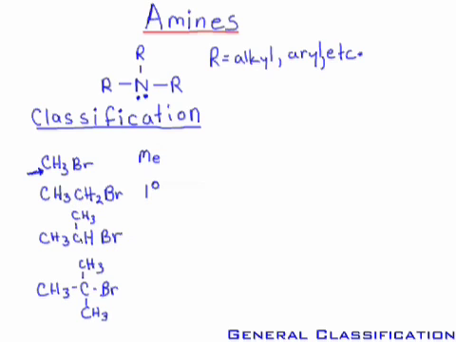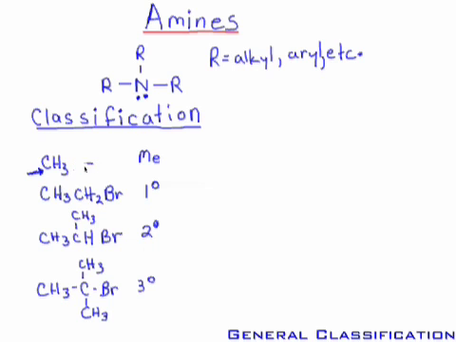The carbon bearing the bromine has two carbons in the next molecule and is referred to as a secondary alkyl halide. And lastly, the carbon bearing the bromine has three carbons attached to it. It's a tertiary halide.